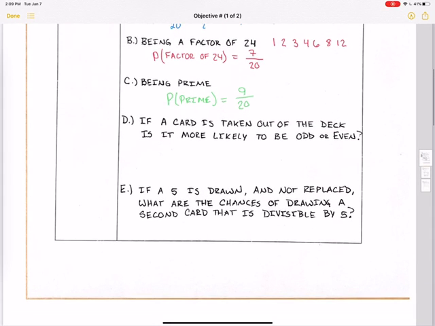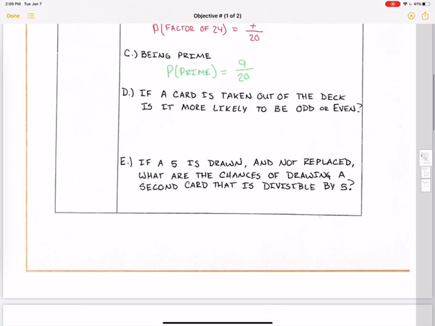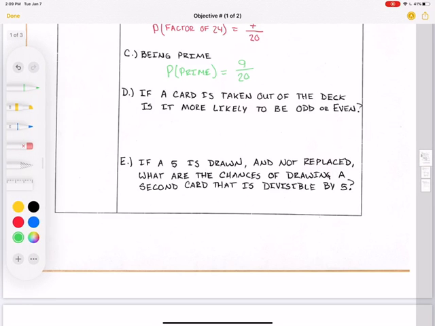Moving on, we have our last two questions for this example. If a card is taken out of the deck, is it more likely to be odd or even? Well, in our previous example, or part A of this example, we said that there were 10 even cards.